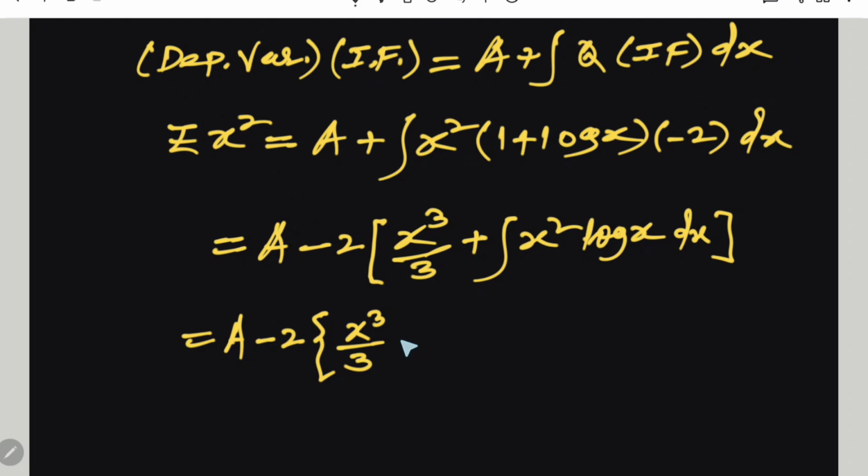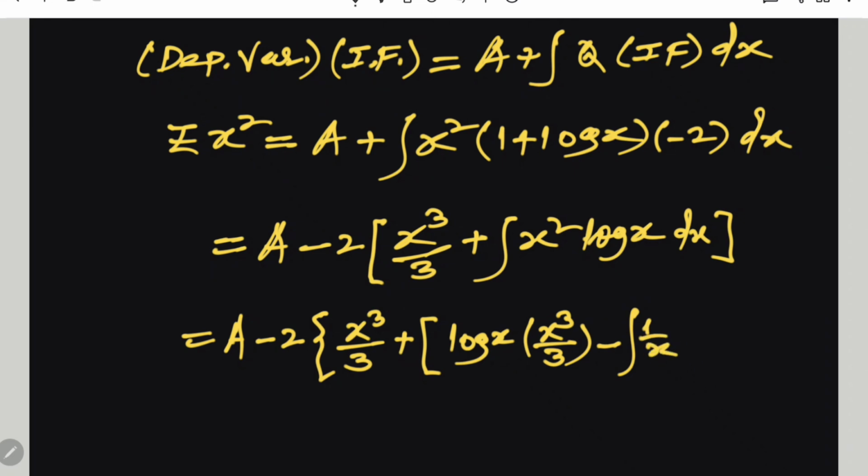Therefore, log x into integration of x square, which is x cube by 3, minus integration of the derivative of the first. The derivative of log x is 1 by x into integration of the second, x cube by 3, and then its integration with respect to x, bracket close.